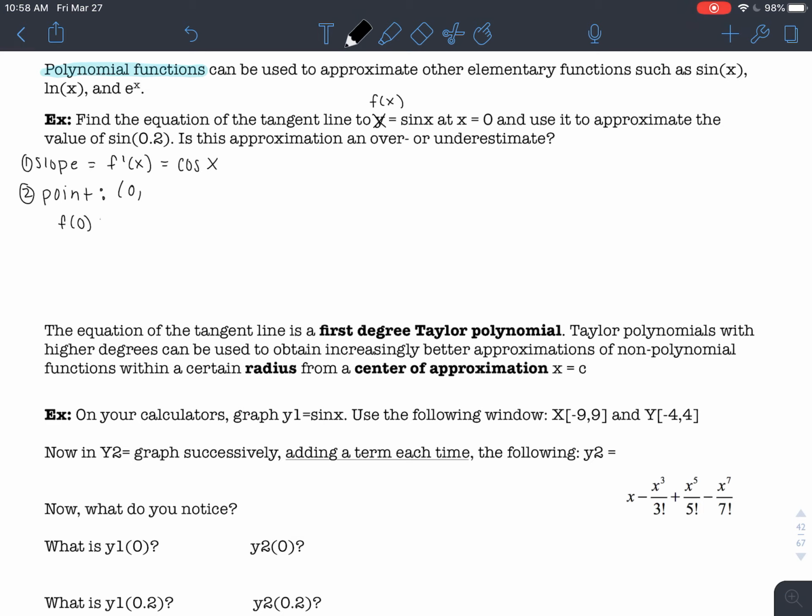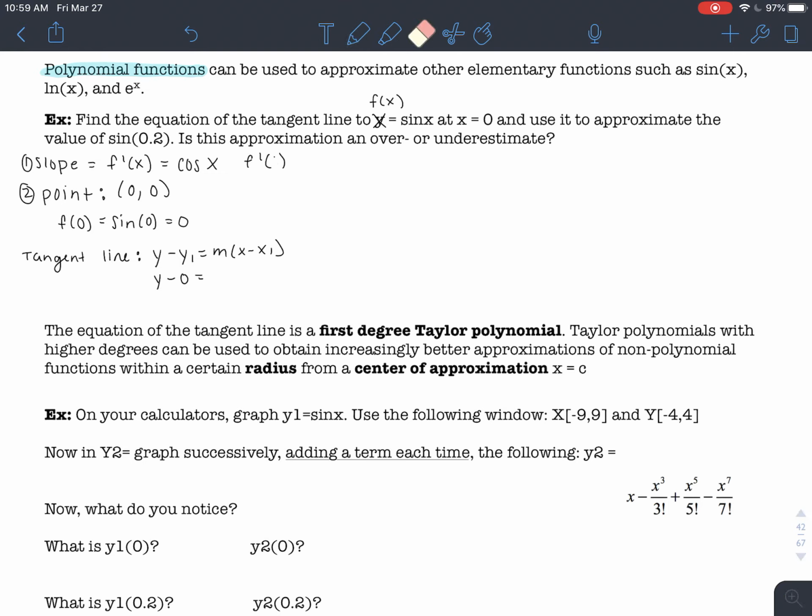And then I need a point. So my x coordinate is 0 because I was given that we're evaluating at x equaling 0. And then my f of 0 is sine of 0, which is 0. So when I go to construct my tangent line, I'm going to use point-slope format because I think that's the easiest, in my opinion, to use.